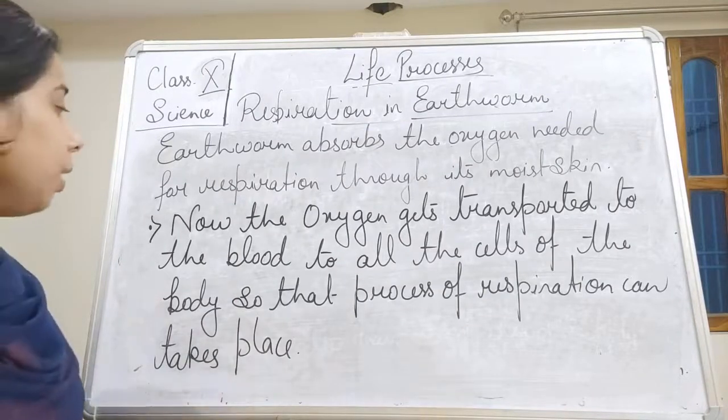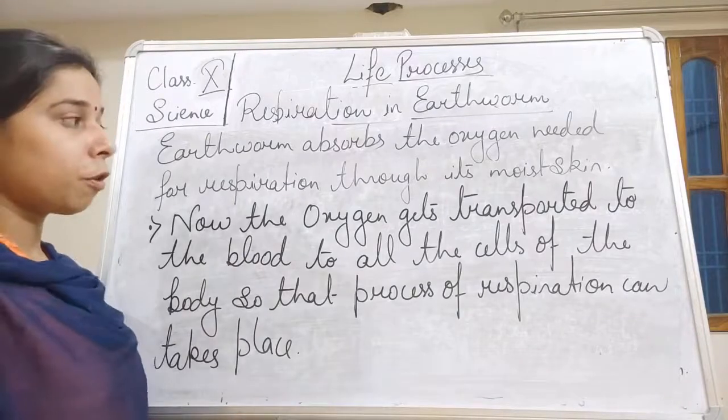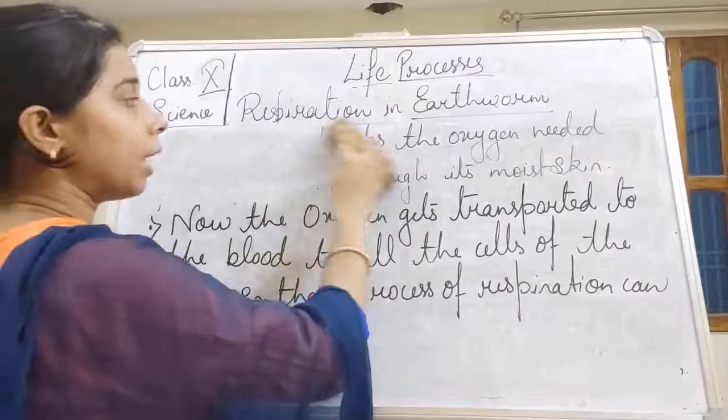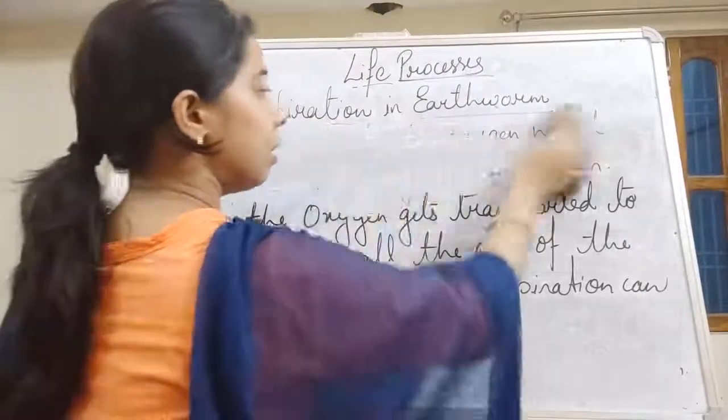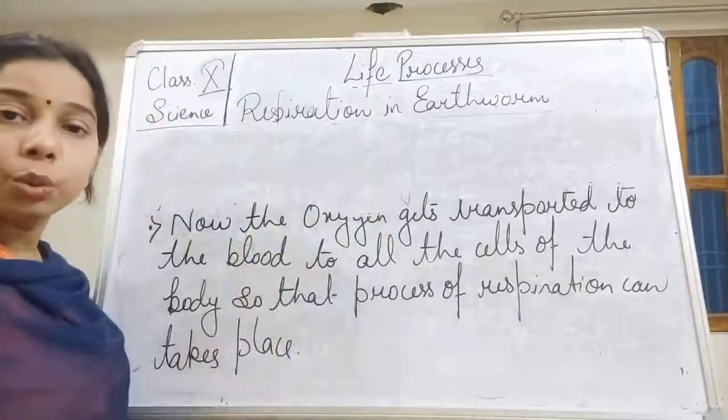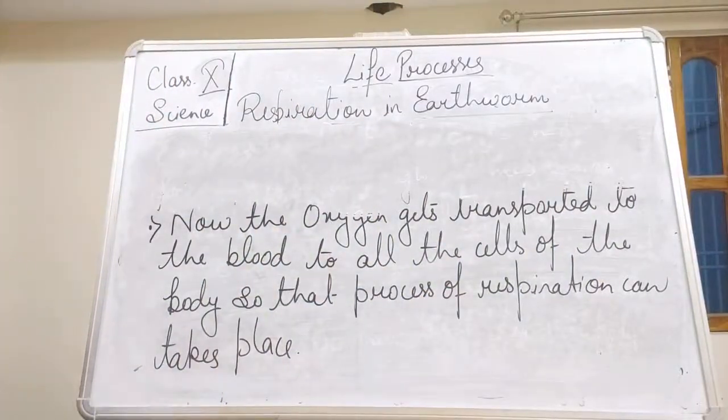Okay. So here what happened? The oxygen enters from the skin into the blood, and then from there to the cells of the body.